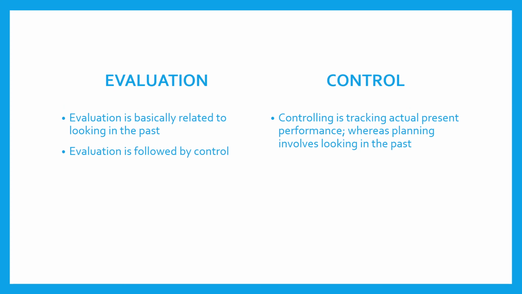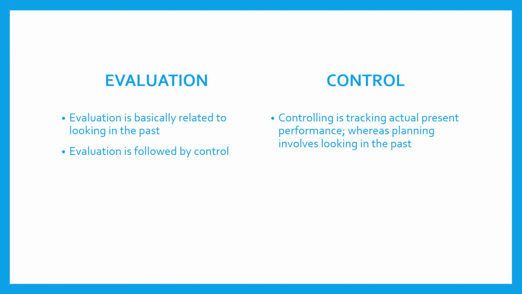Evaluation can be of process and outcome. Now, what is the basic difference between evaluation and control? Because in your study you find that there are different steps in the strategic management process which include evaluation and control. So what is the basic difference between both of them?